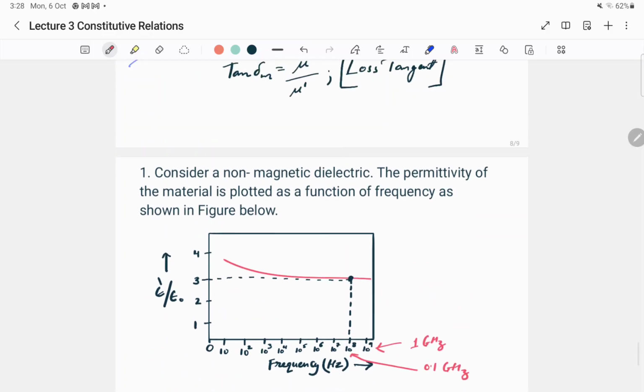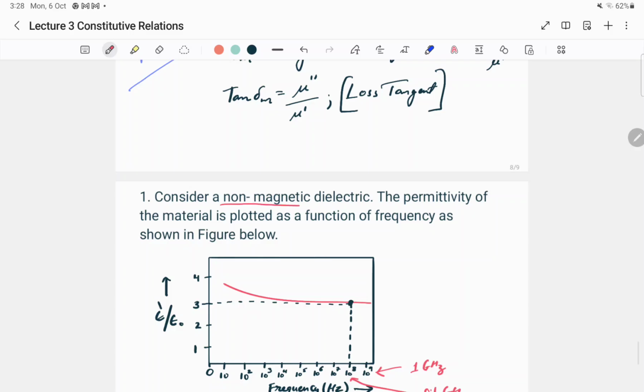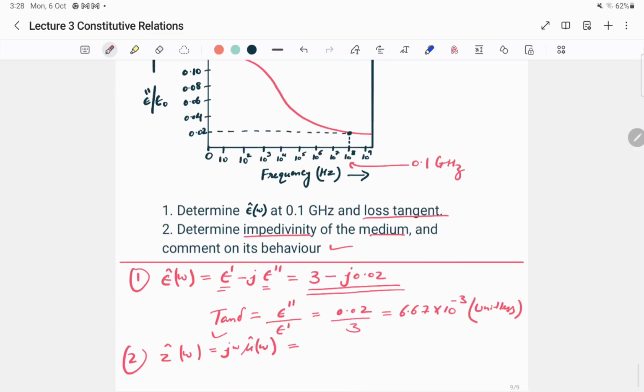Since the question says consider a non-magnetic dielectric, for non-magnetic material this mu cap is simply mu naught. So you can write j into omega, that is for 0.1 gigahertz, 2 pi f, 2 pi into 10 to the power 8, into mu naught, which is 4 pi into 10 to the power minus 7.